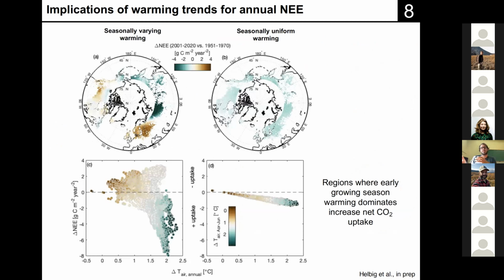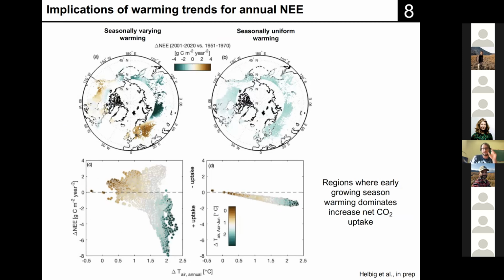If we assume a seasonally uniform warming, so every month has the average annual warming rate, then there is really no difference. There will be just a general decrease.